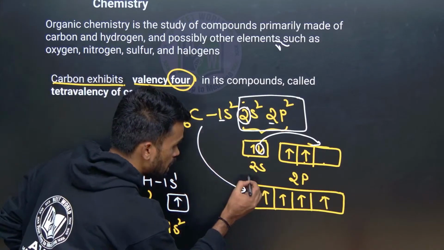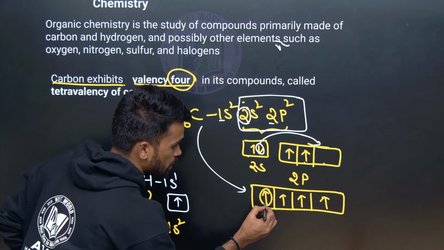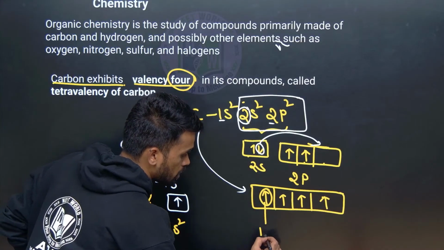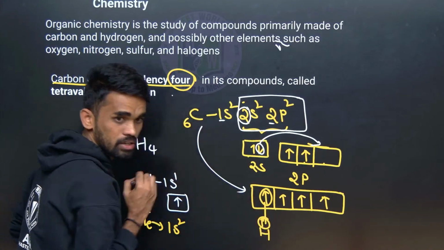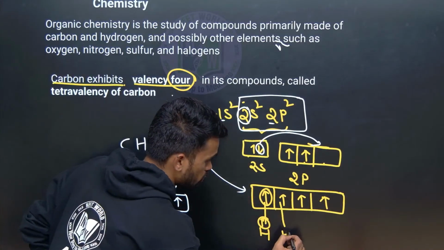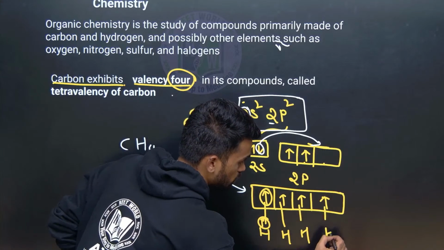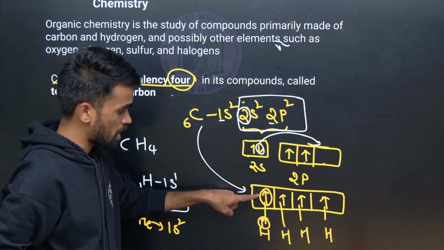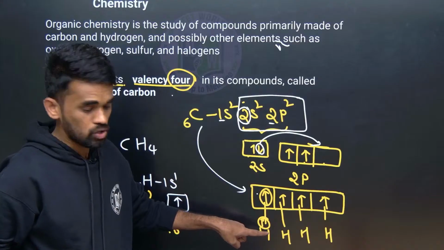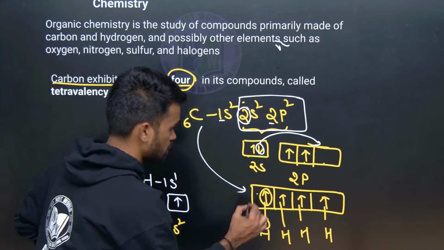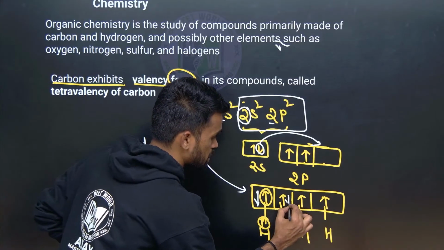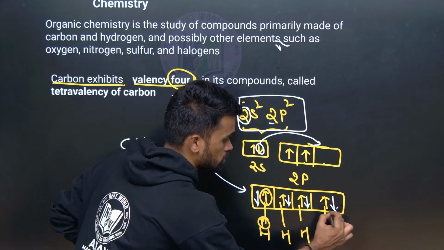Therefore each electron of carbon can overlap with the hydrogen orbital of 1 electron, so that it becomes 2 electrons. So here 1, here 1, here 1. Now 1 electron from carbon, 1 electron from hydrogen. So in total how many electrons does carbon now have? See, this white color electron represents the one from hydrogen.